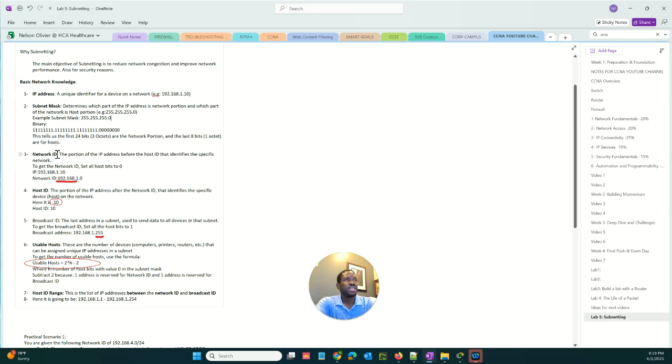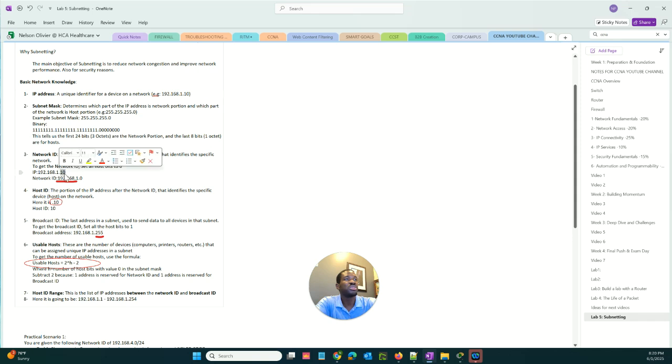Another important terminology we need to understand is the network ID. The network ID is the portion of the IP address before the host ID that identifies the specific network. To get the network ID, we set all host bits to 0. As we said earlier, this is the host.